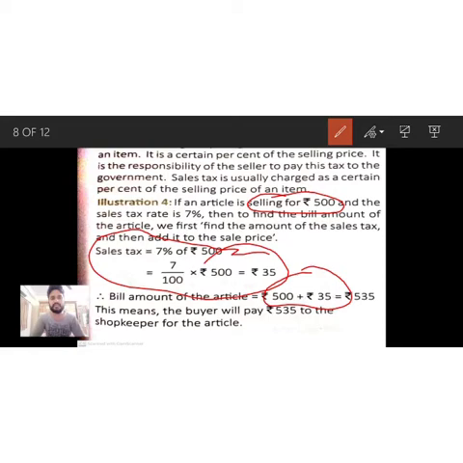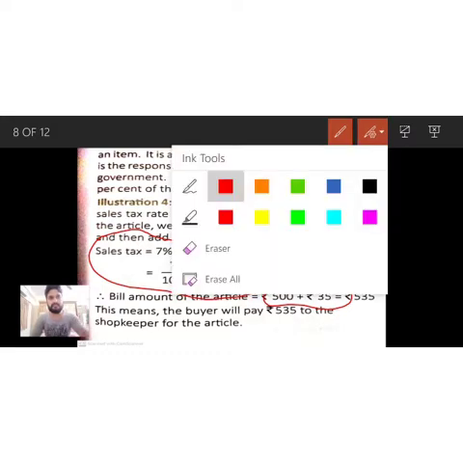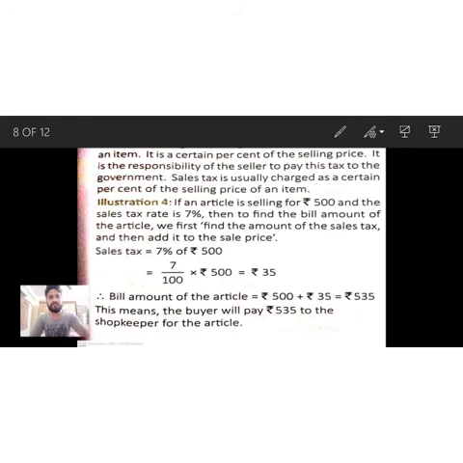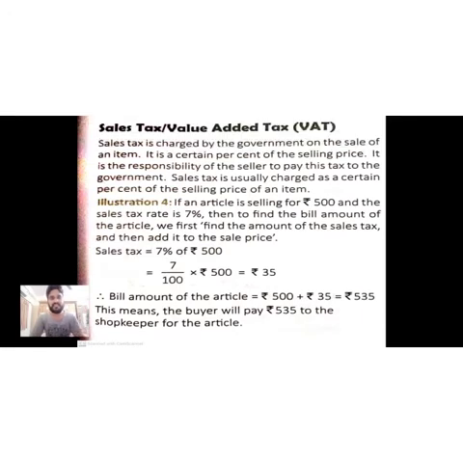So sales tax is a tax which is charged by the state government. This is the main thing about sales tax which we have to pay to the government.